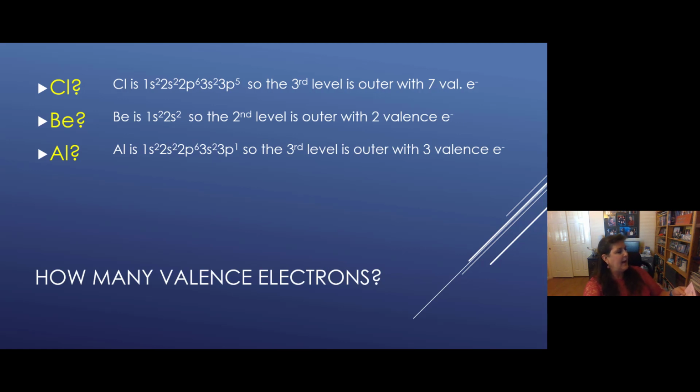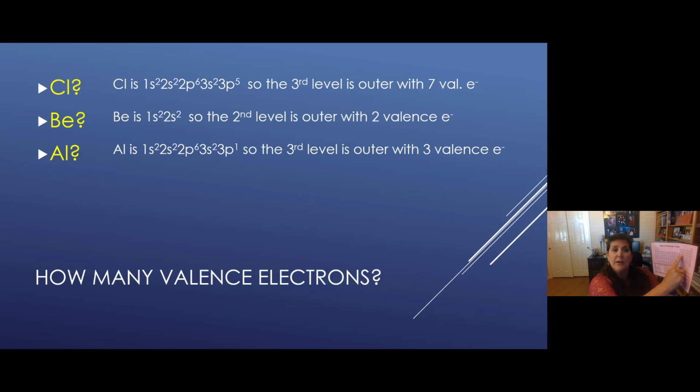Now beryllium is just a little atom. It's number 4. So 1s2, 2s2. It only has two levels, 1 and 2. The second level's the outer level, and there's only 2 electrons in that s. So 2 valence electrons for Be. Now aluminum is number 13.